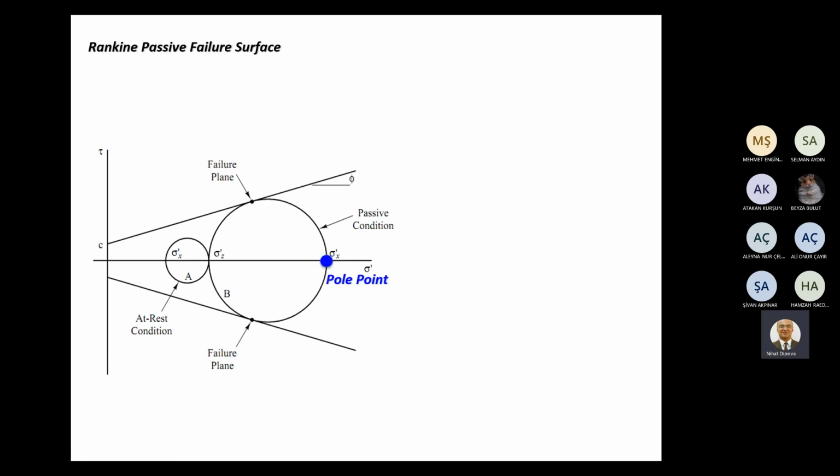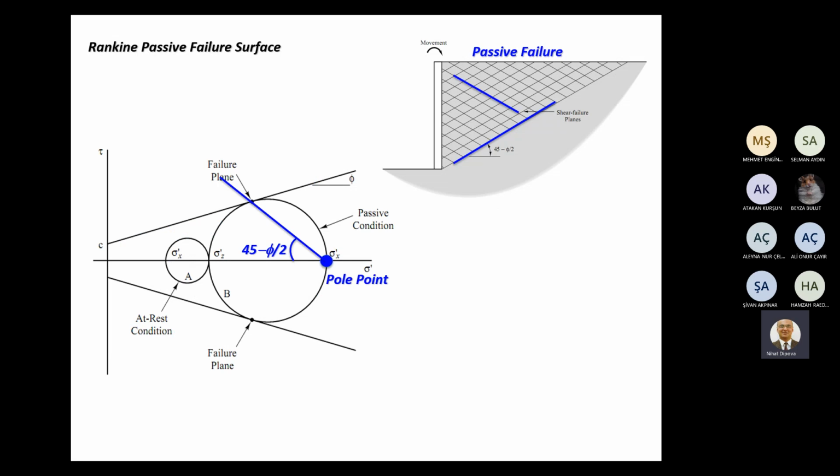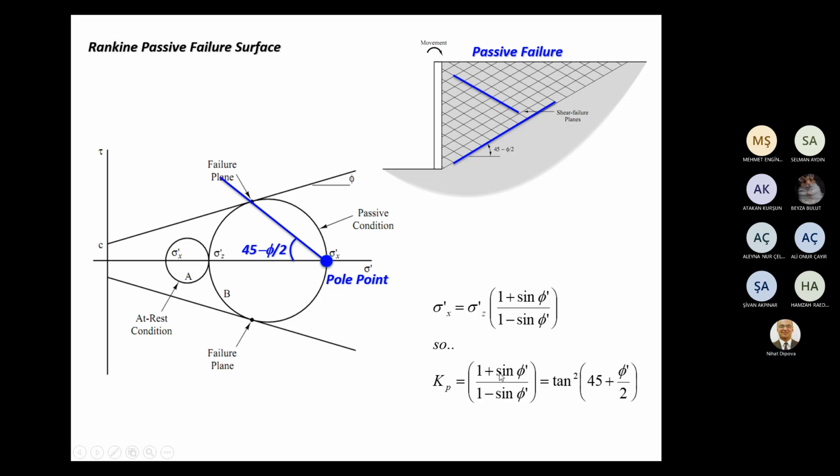A similar case for passive condition: the pole point intersects with the failure plane. This is the failure angle, 45 minus phi over 2.